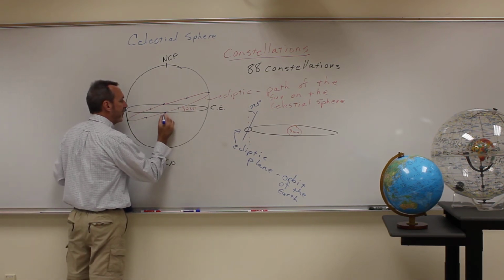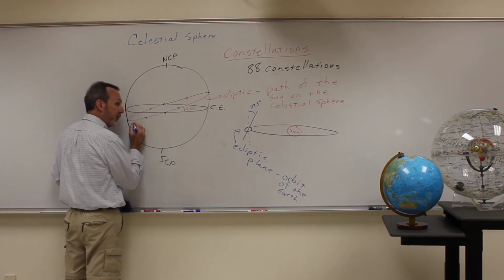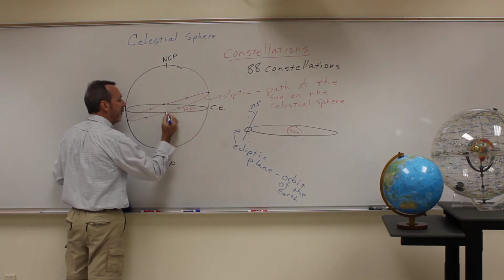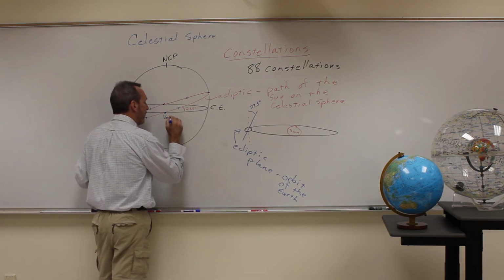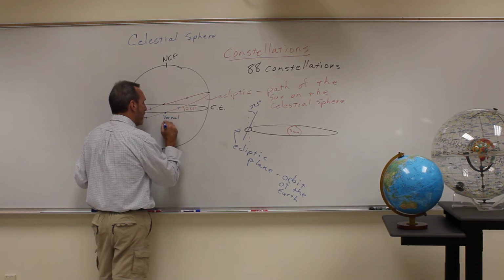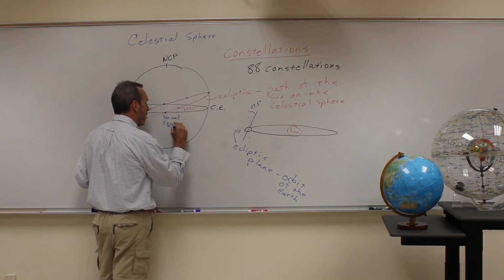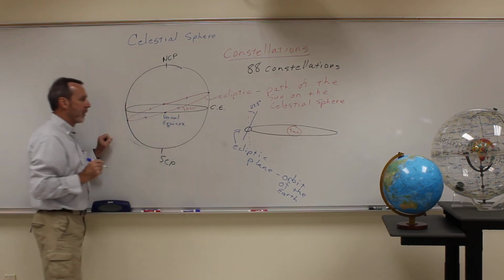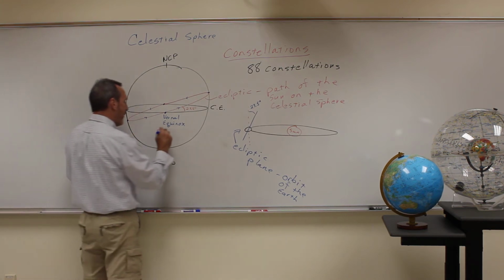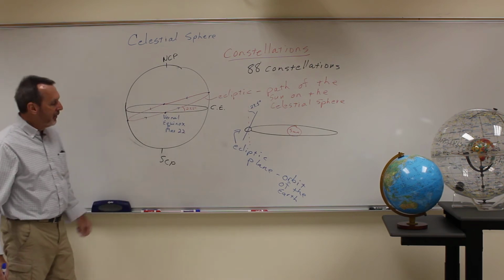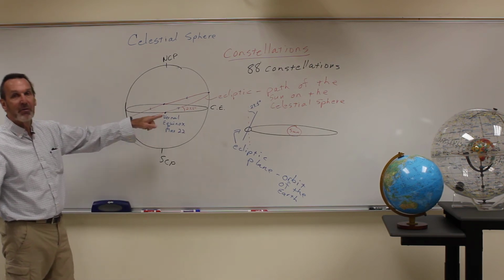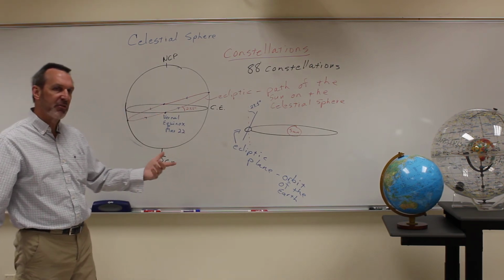They each have names. When the sun is going from its lowest point up to its highest point, when it crosses the celestial equator, it's called the vernal equinox. And this occurs around March 22nd every year, meaning the sun will hit that point around March 22nd. Now, it's not exactly March 22nd every year.